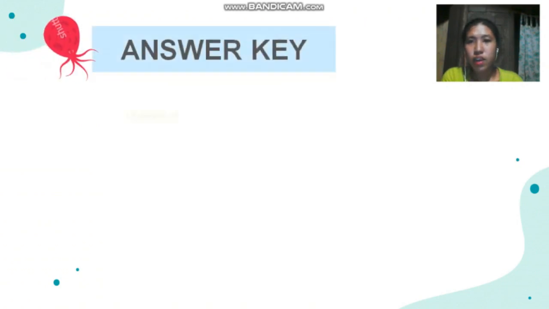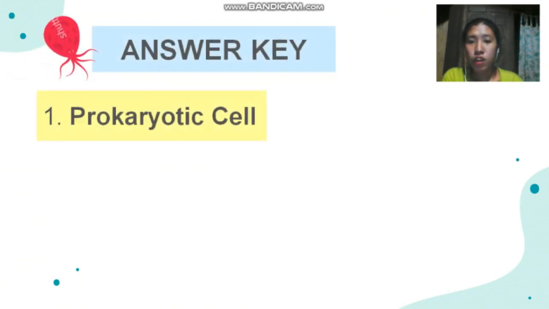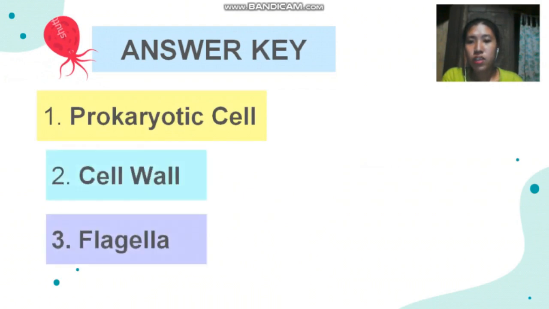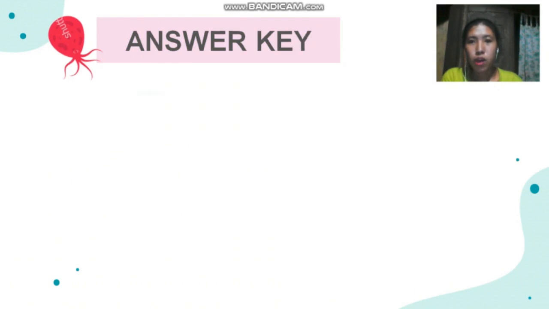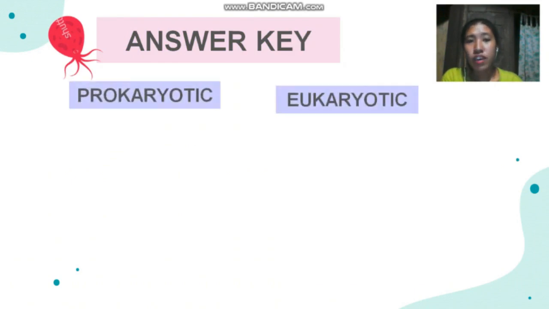Are you done? If yes, here is the answer key. Okay, number 1, prokaryotic cell. Number 2, cell wall. Number 3, flagella. Number 4, eukaryotic cell. And number 5, ribosome. For part 2, here is the answer.